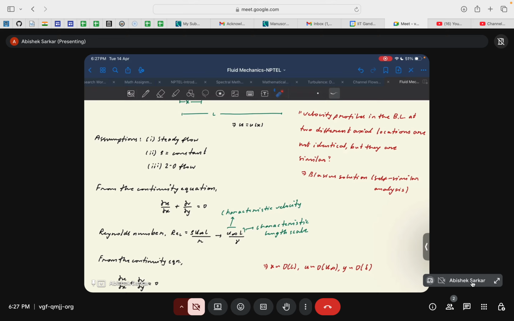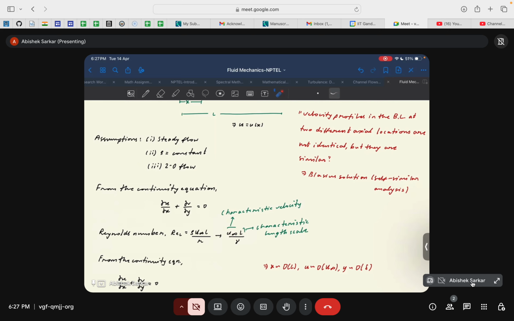Since there is no diameter in flow over a flat plate, and the characteristic length scale is the length of the plate, we say the Reynolds number is Re_L, defined in terms of the length of the plate.